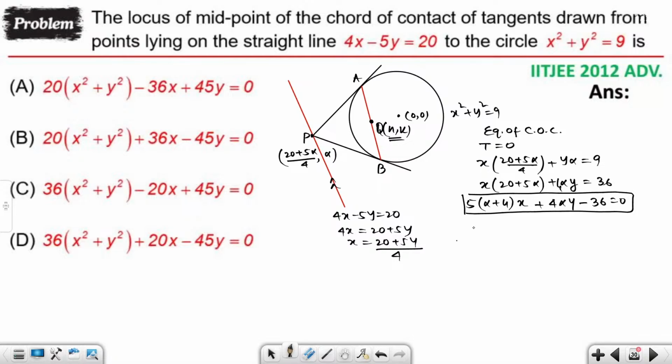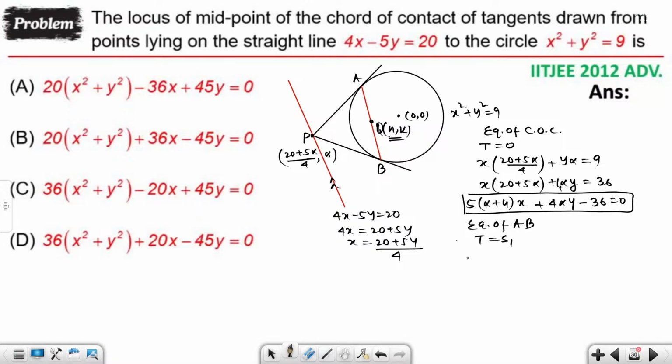So can we write the equation of the chord AB as T equals S1? Yes or no? I can write the equation of AB. This is the equation of a chord whose midpoint is h comma k. So you can write down the equation of AB in this way, T equals S1. So in that case, what will happen? Let me just write it. Have you understood this?